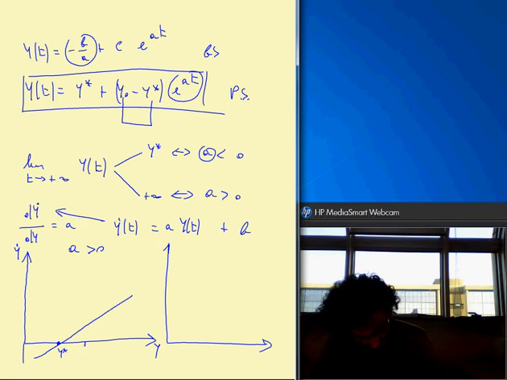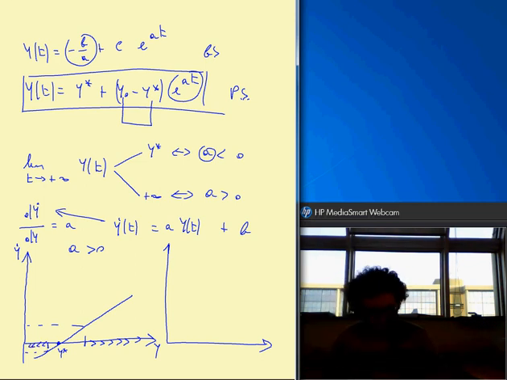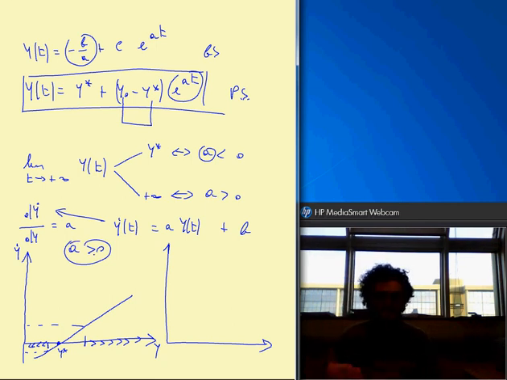But if we are here on the right, the speed is positive. This means that we will move to the right. On the contrary, if we are on the left, the speed will be negative, so we will go to the left. This means that if a is greater than 0, we see that y star is not stable, it's globally unstable.